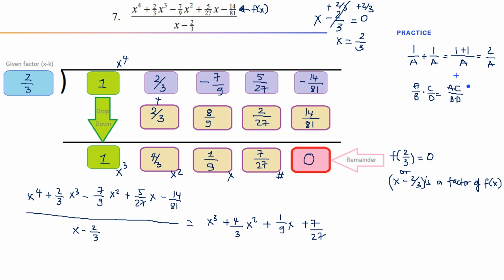If we write 0 over x minus 2 over 3, that still equals 0 because the numerator equals 0, so it makes the whole thing equal 0. So when it's 0, we don't have to write that down, right? So that's the answer.